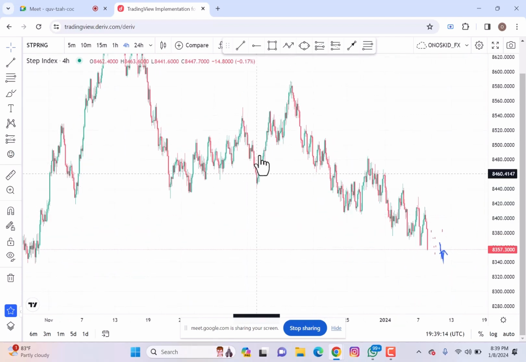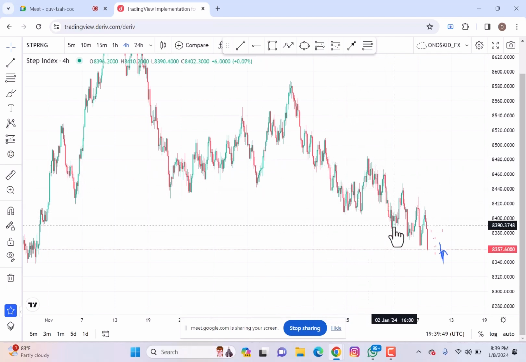From this point, the market was actually bullish around this level. This is a higher low and a higher high, so we expect that the market will create a new higher low and a new higher high, but instead the market broke down and you see the market start creating a new substructure of bearishness to the downside, creating a series of lower low, lower high, lower low, lower high.